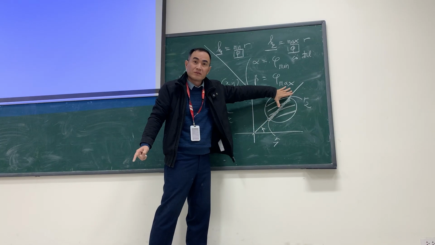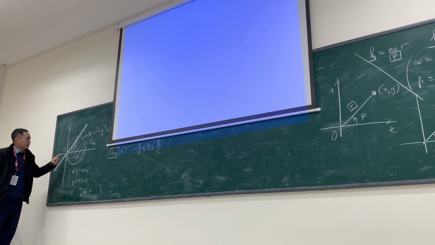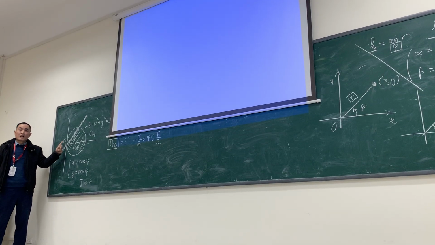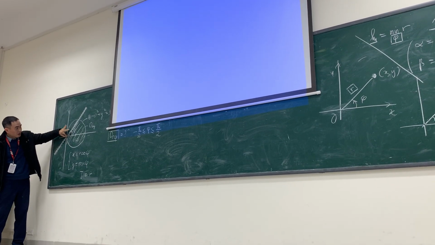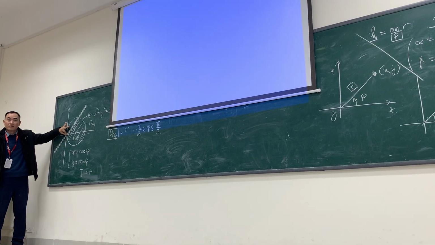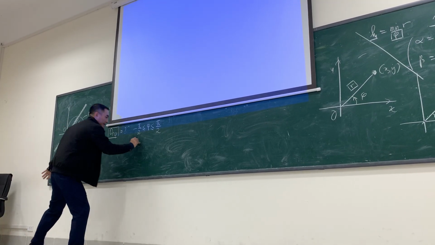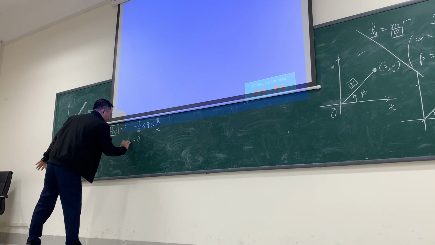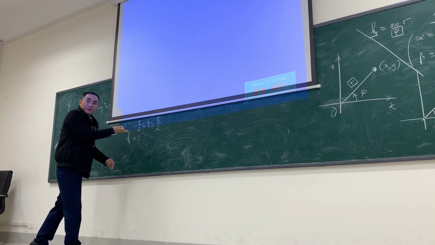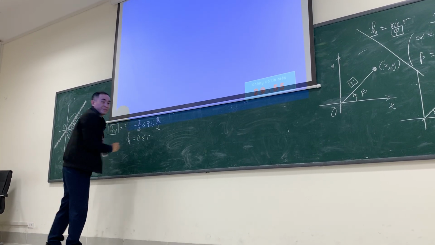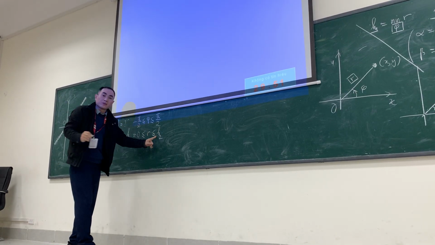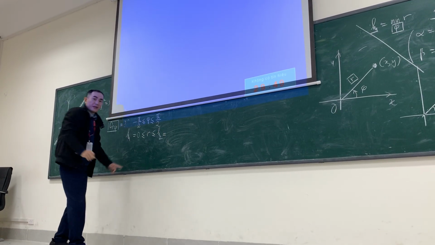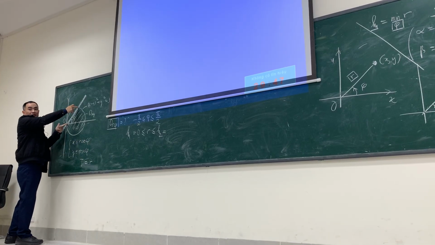To continue, similarly, the first point coincides with the origin, so the distance here is 0. We have r1 equal to 0, less than r. To continue, we need to find r2. What is the value of r2? r2 is the measured distance.